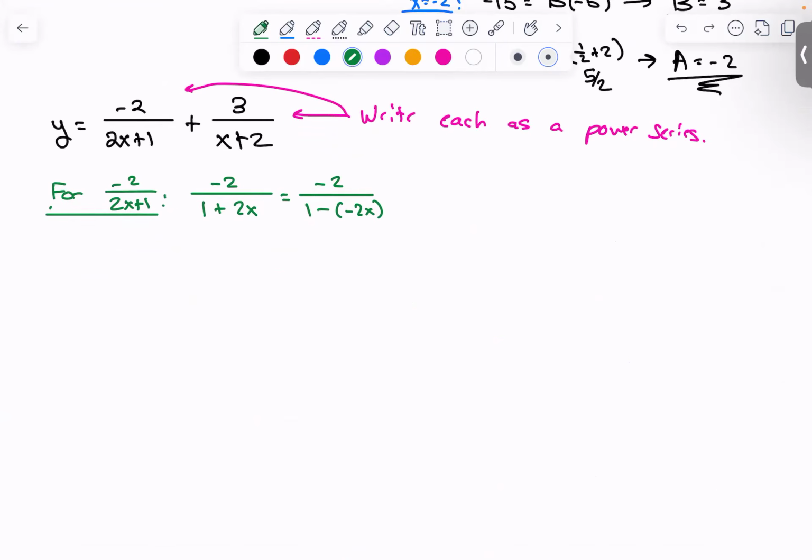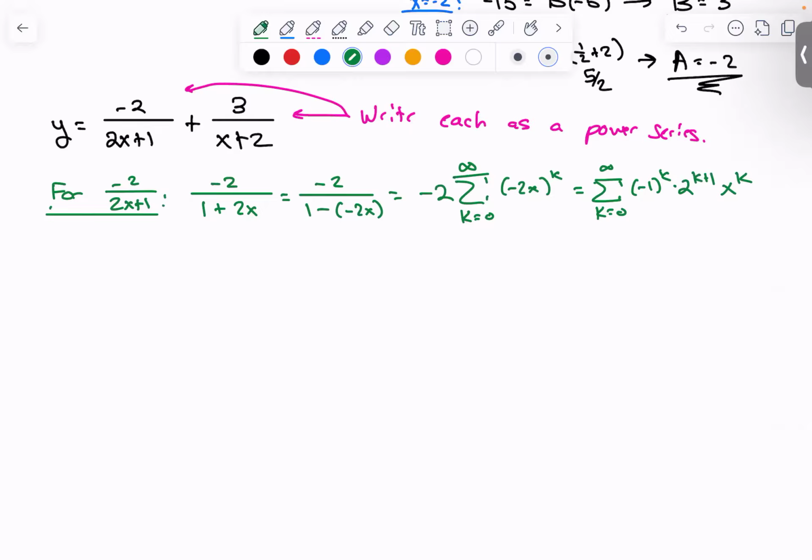So we can write this as -2 times the series from k equals 0 to infinity of (-2x) to the k, which we can then rewrite perfectly as the sum from k equals 0 to infinity of (-1) to the k times 2 to the k plus 1 x to the k. So that thing has a center at 0.